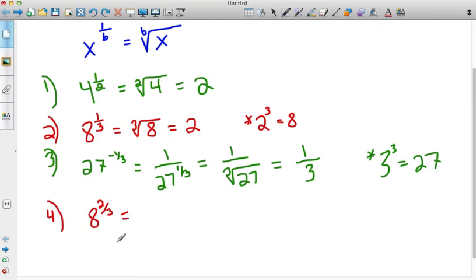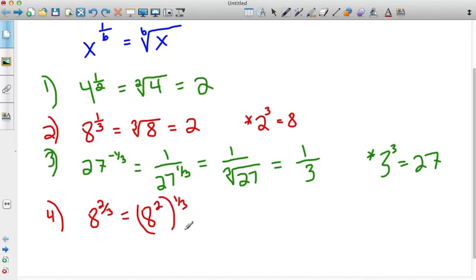First off, what I want to do is rewrite this, combining one of our earlier rules. I'm going to pull apart that 2/3 and write this as 8 squared to the 1/3 power.